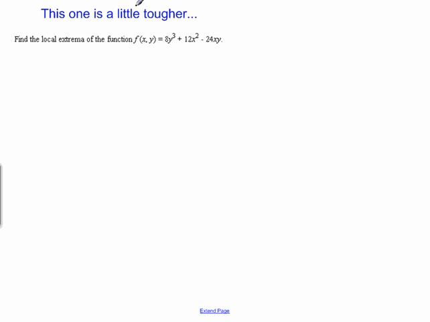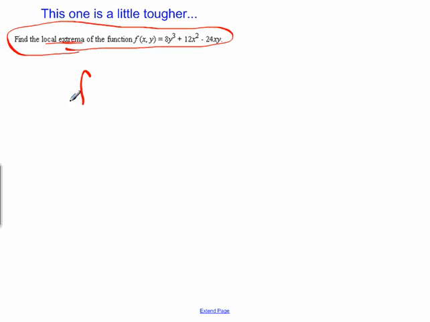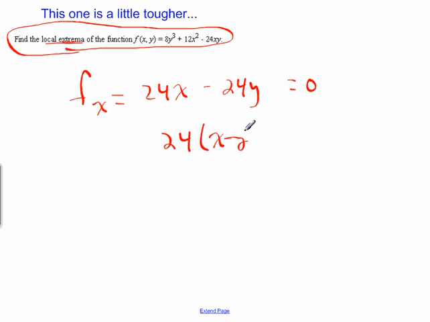All right, let's think about this function. It's a little bit tougher for us to do. We want to find the local extrema, so we find the partial derivatives, and we set them equal to 0. So we find out from our first equation that my f partial with respect to x will be 0 as long as x equals y.